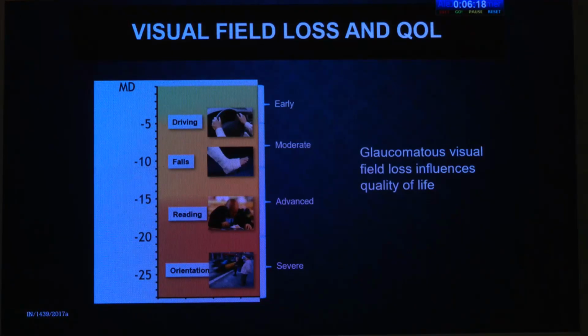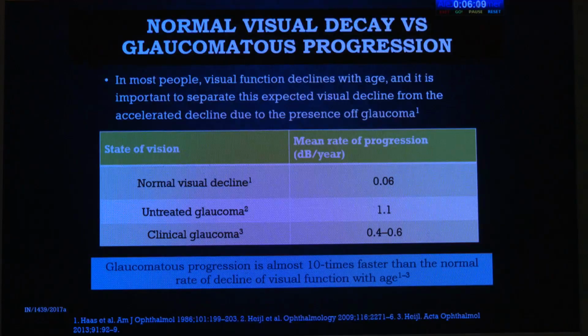Visual field loss definitely decreases the quality of life and causes a lot of problems in patients as the glaucoma advances. If we look at this chart, the normal visual decay and the controlled clinical glaucoma, the mean rate of progression is almost similar. So if we treat glaucoma well, then we actually prevent the decline in vision.